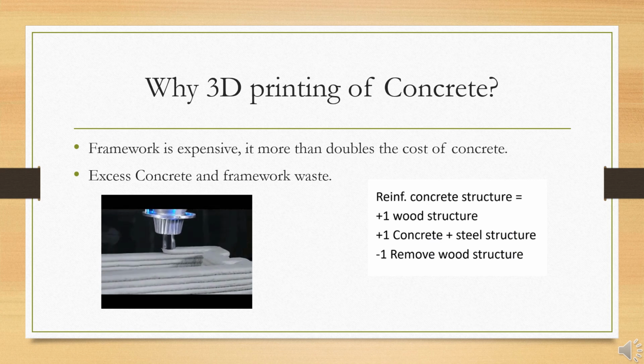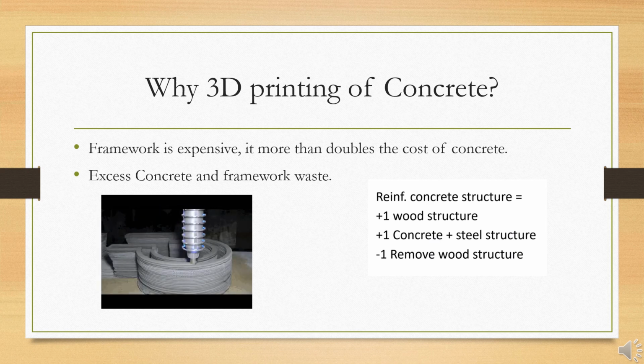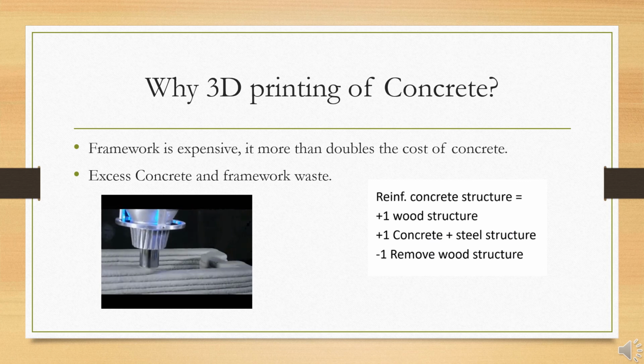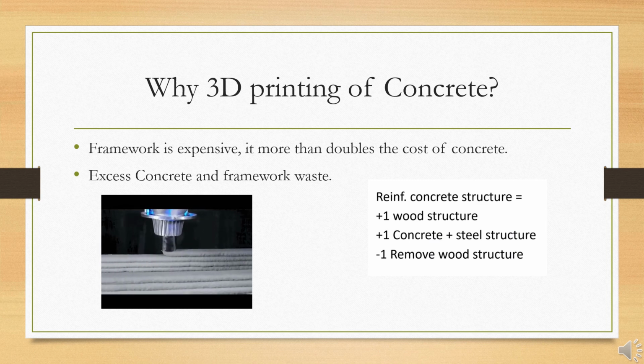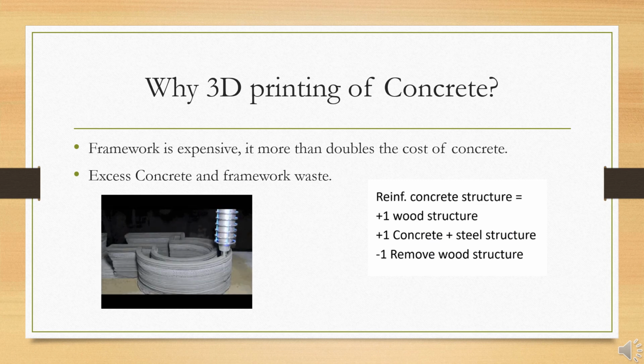To build a reinforced concrete structure, we need to first build the wood structure, which is the mold, and then add the cement and steel structure into this wood structure, and after it has been cured and settled and hardened, we then remove the wood structure, and then we have to repeat this process over and over again for every structure.